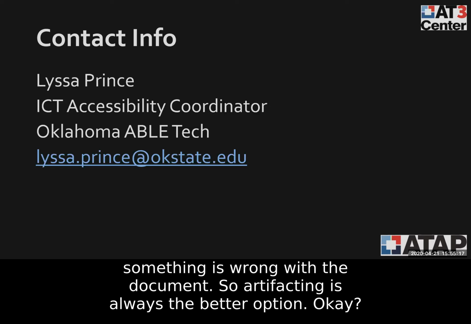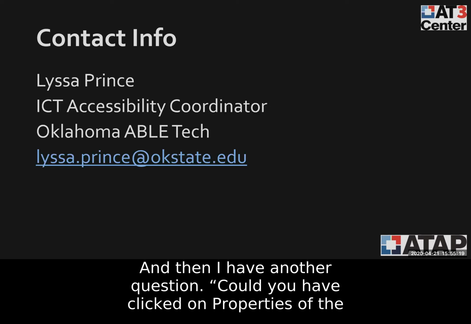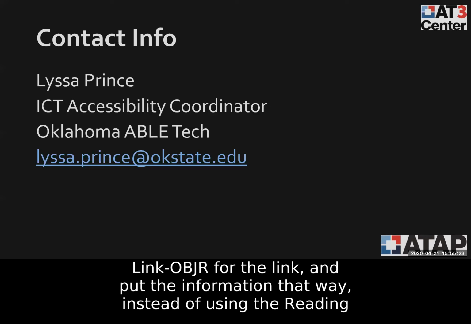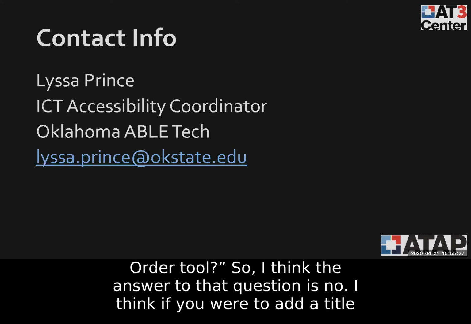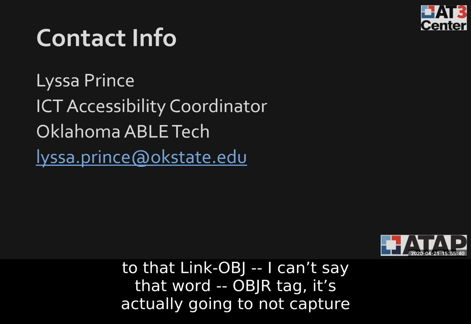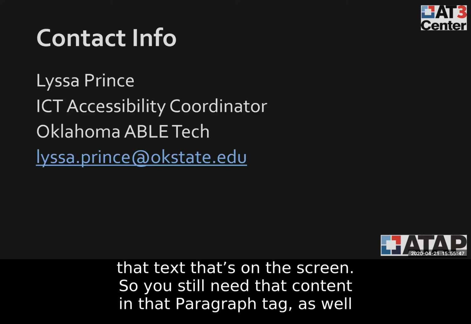Okay, and then I have another question. Could you have clicked on properties of the link OBJR for the link and put the information that way instead of using the reading order tool? I think the answer to that question is no. If you were to add a title to that link OBJR tag, it's actually not going to capture that text that's on the screen.